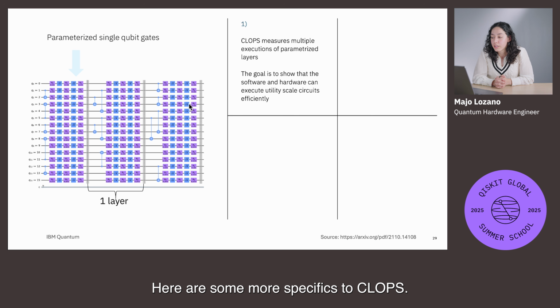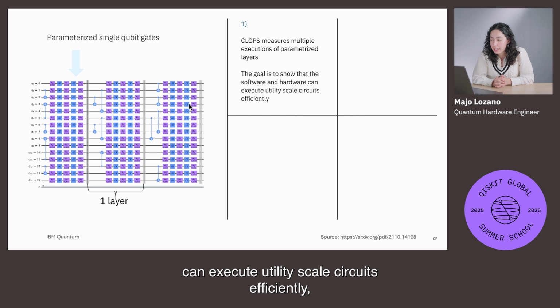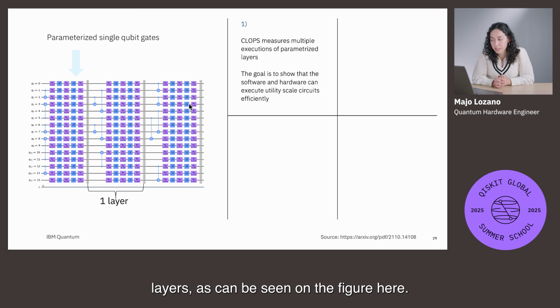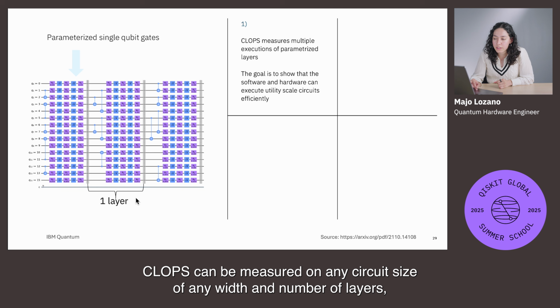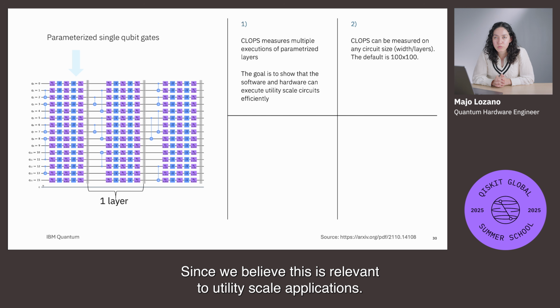Here are some more specifics to CLOPS. Because the goal is to show that the software and hardware can execute utility-scale circuits efficiently, CLOPS measures multiple instances of parameterized layers, as can be seen on the figure here. CLOPS can be measured on any circuit size of any width and number of layers, but the default value we use is 100 by 100, since we believe this is relevant to utility-scale applications.